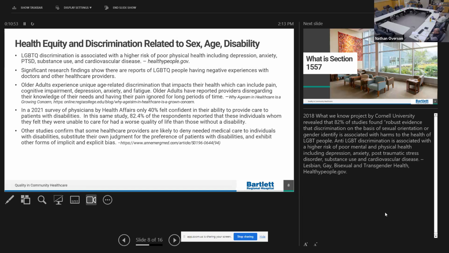And then the other factors you'll see in 1557 address the LGBTQ communities.